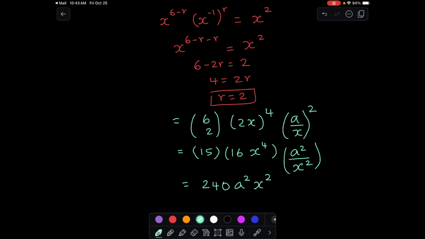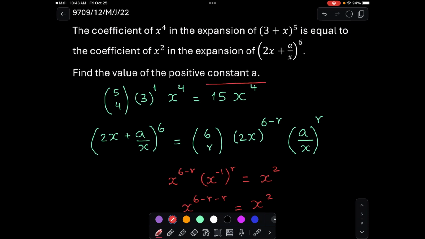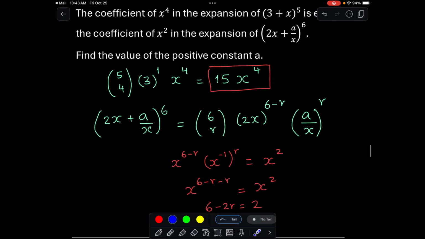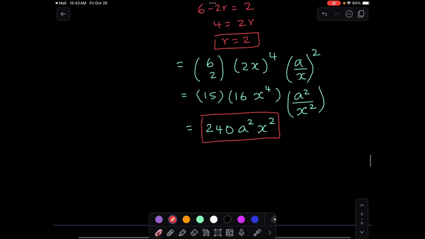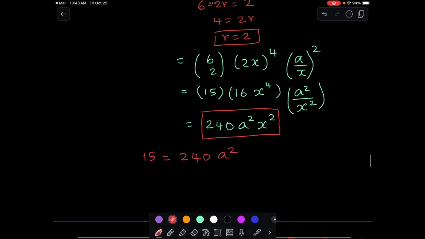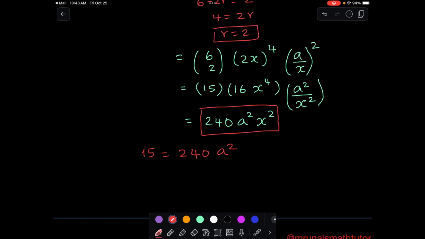So now you have two things over here, the coefficient of x square and the coefficient of x to the fourth. So the coefficient of x to the fourth is equal to the coefficient of x square. So 15 should be equal to 240 a square. So divide by 240 on both sides.